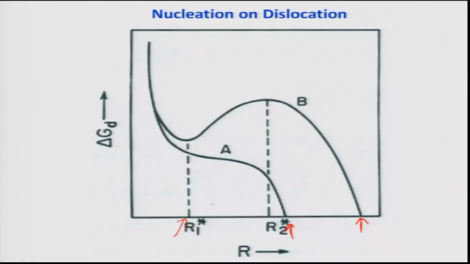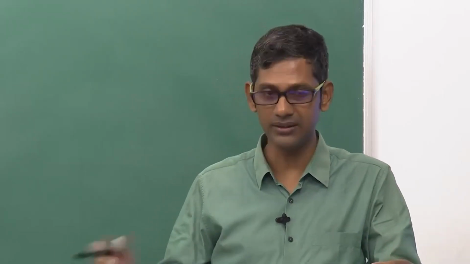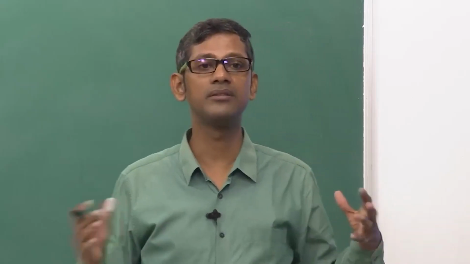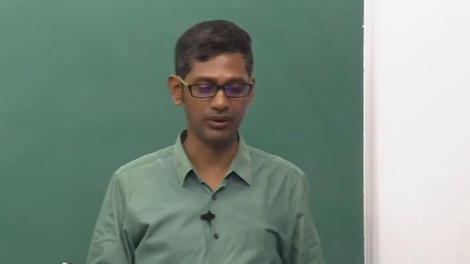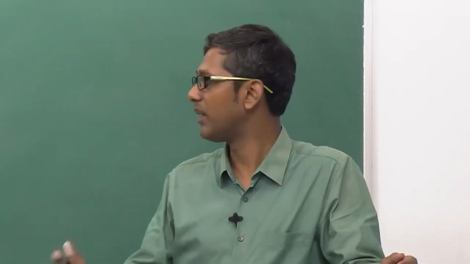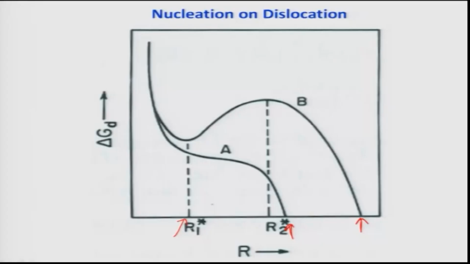So you can have two sets of precipitates on dislocations when alpha d is very large. One will start with a much bigger size, almost 3 times bigger than the other one, and there will be a distribution of these precipitates of different sizes. That is what people have actually seen. So mathematically one can show that it is possible.